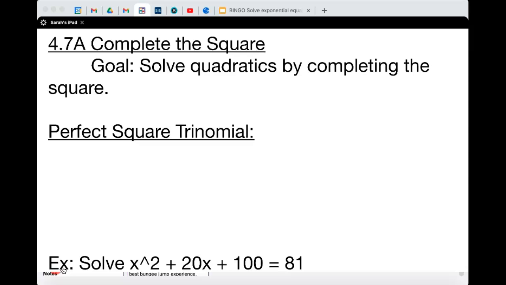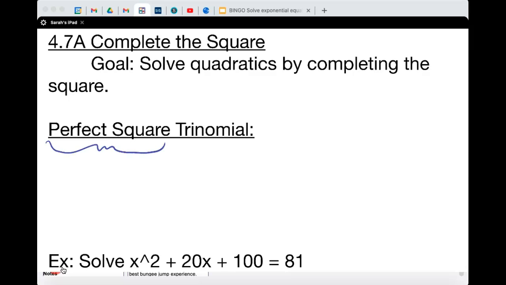So, does anybody remember what a perfect square trinomial is? We learned this when we started factoring. What is a perfect square? 81, because it's 9 squared.